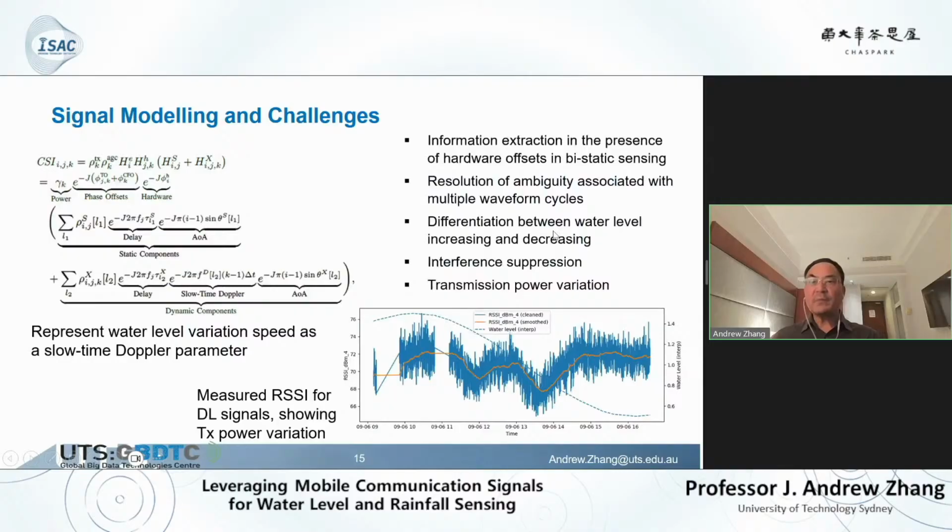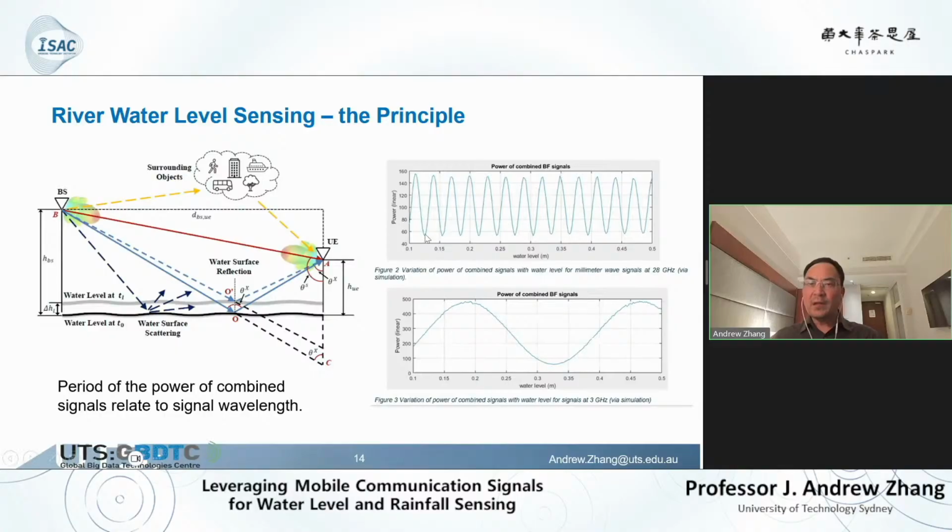Another issue is how can we know whether the water level is increasing or decreasing? Because when the water level reaches a certain value, the received signal, the power in particular, will reach, for example, the peak or the bottom of the valley. And next, when the water either increases or decreases, we will always see the same piece of curve.